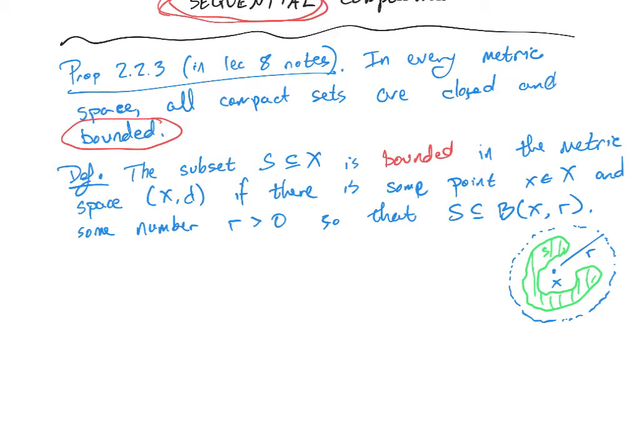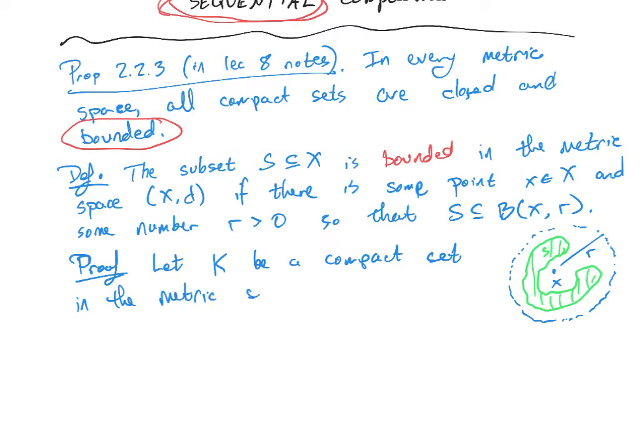So we know where our proof's going to start. Let K be a compact set in the metric space (X, d). Okay? Now, we'll do bounded first, because bounded is a little bit easier than closed.